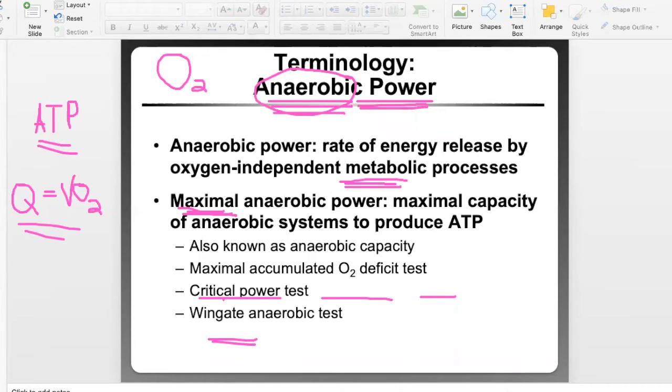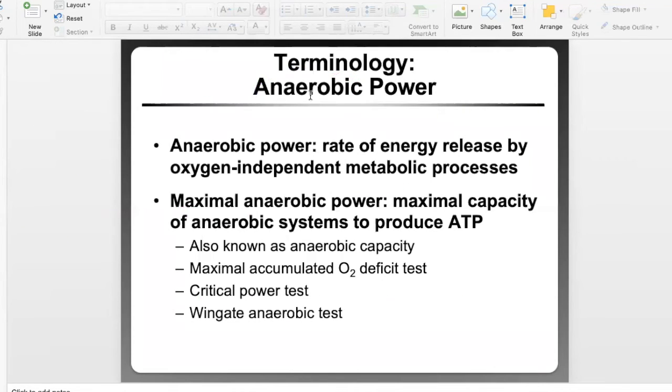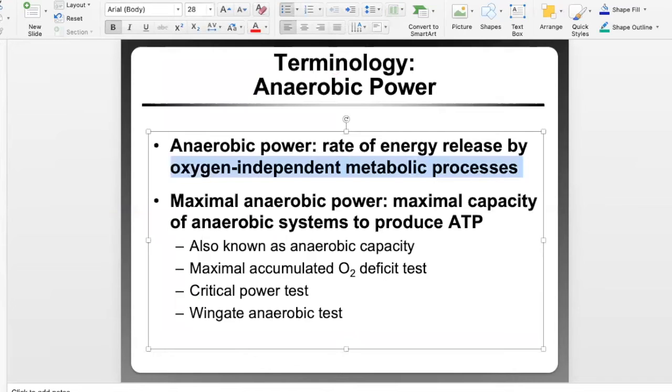Anaerobic power is the rate at which energy can be created using oxygen-free mechanisms. So this would be your phosphagen system, your phosphocreatine system. It's the speed at which your body can break down ATP, but then also recycle ATP.